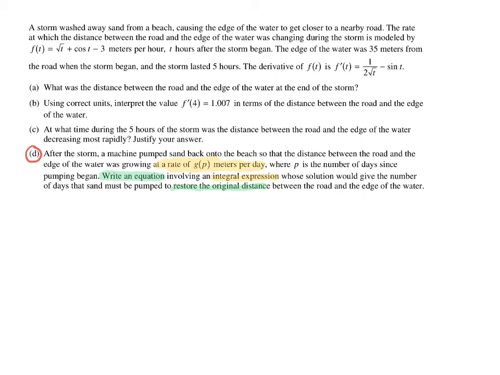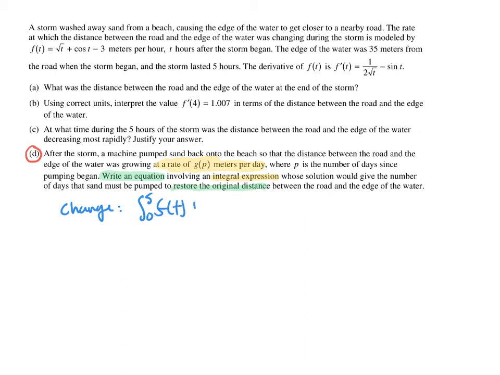Okay, so we already know how much it changed over 5 hours. It was 35 plus that definite integral from 0 to 5 of f of t, right? Remember when we did that? Ended up being 26 point something. So we lost about 8.505 meters of beach. We want to undo that. So over the 5 hours, we accumulated change of the integral from 0 to 5 of f of t dt.